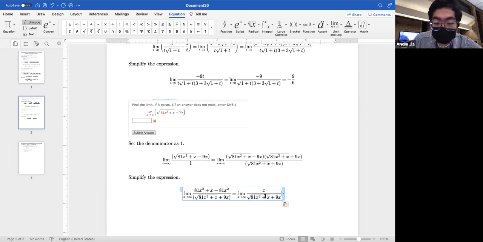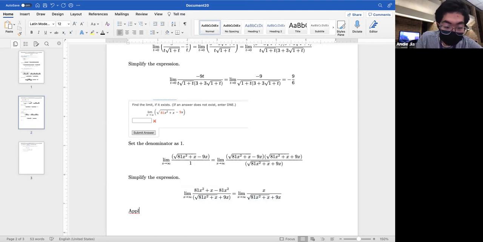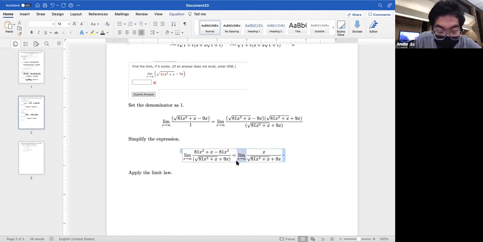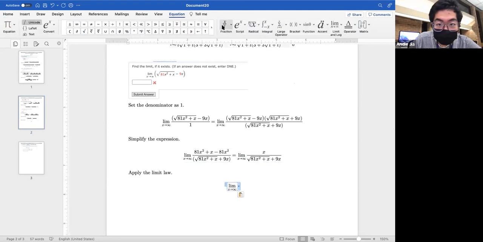Apply the limit law. Spell out the denominator: it is equal to the limit as x approaches infinity, going to be x over x.